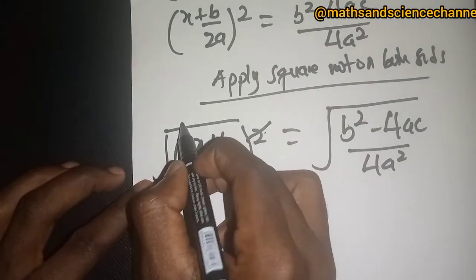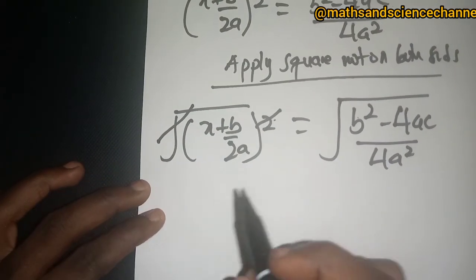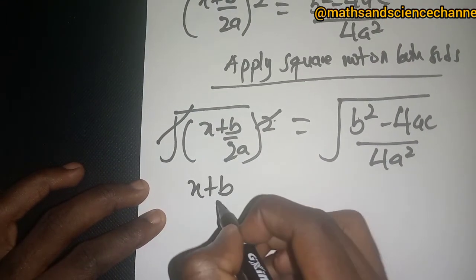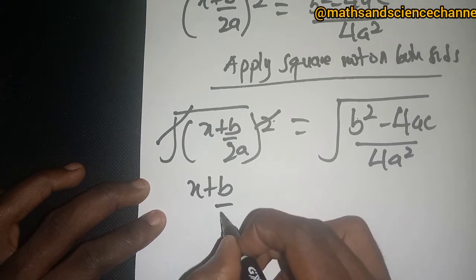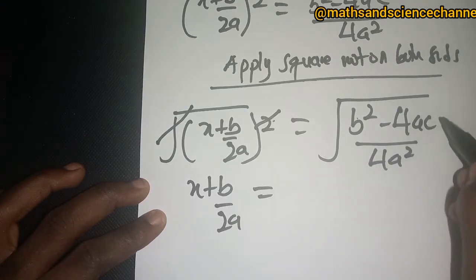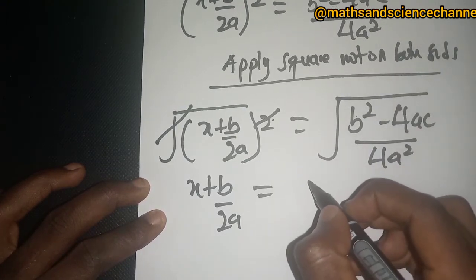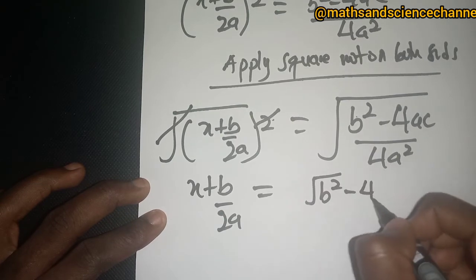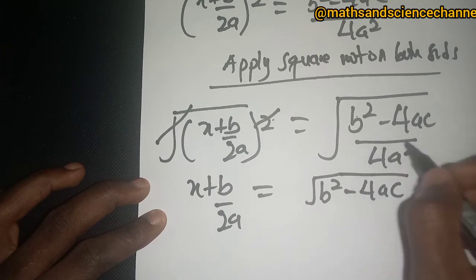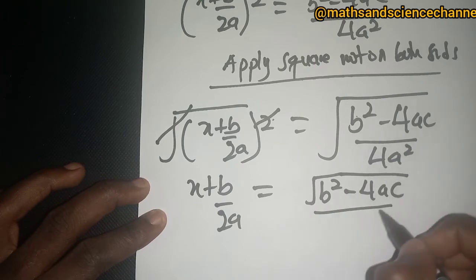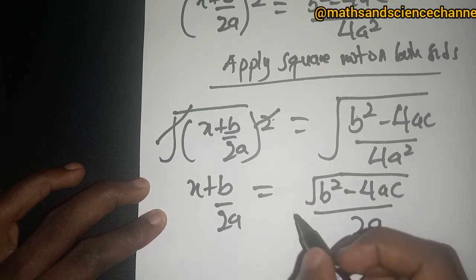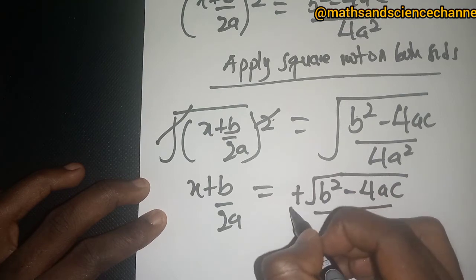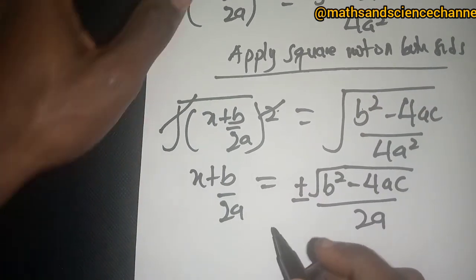So squared gets rid of the square root. Then we have x plus b over 2a being equal to just the square root of b squared minus 4ac. Then over here the square root of 4a squared is just 2a, so we bring it out. Remember it is plus or minus because of the square root.